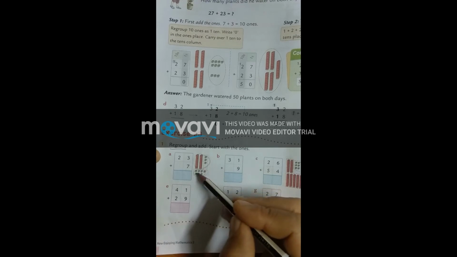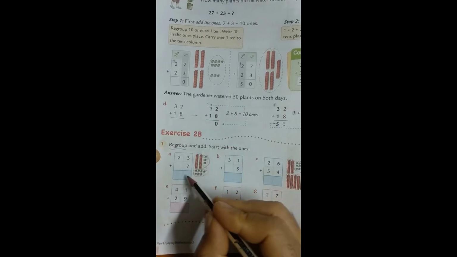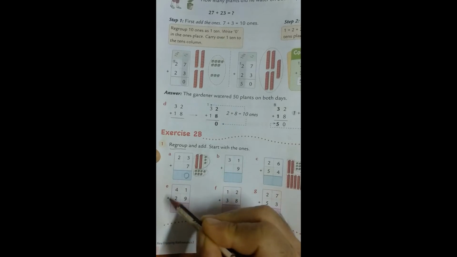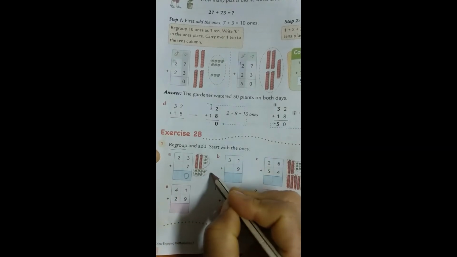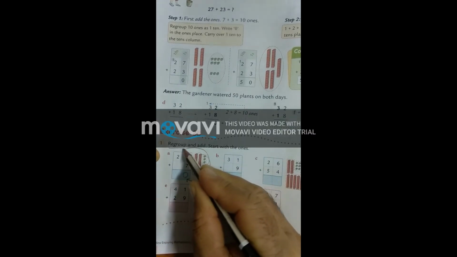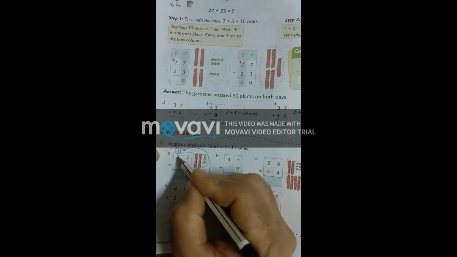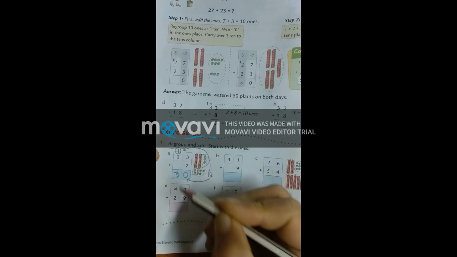So then they added like this: 1, 2, 3, 4, 5, 6, 7, 8, 9, 10. For 10 you need to put 0 here, and this 10 is here. Actually 7 plus 3 is 10. 0 will come here, and this 1 becomes the carryover. You have to write it here on the top.